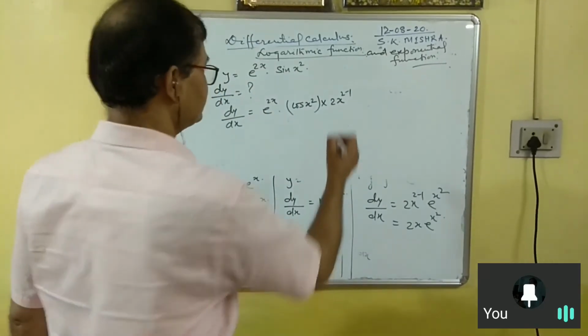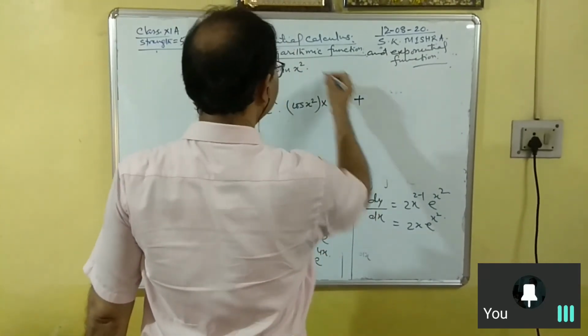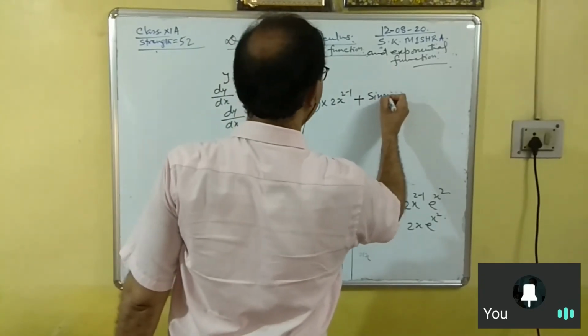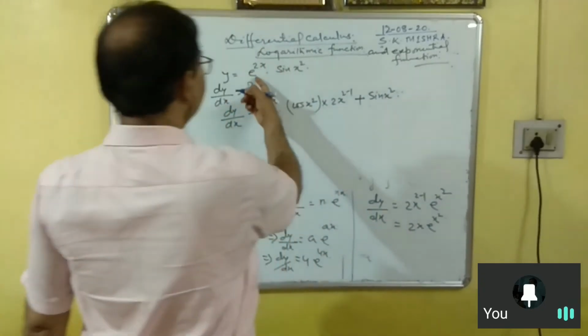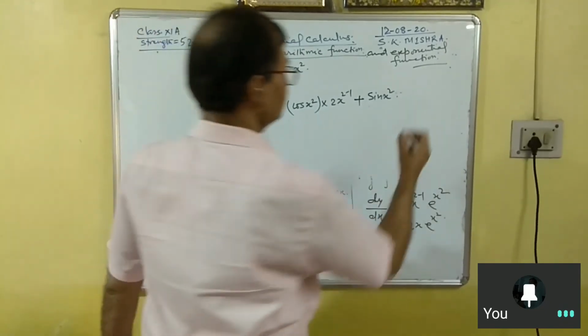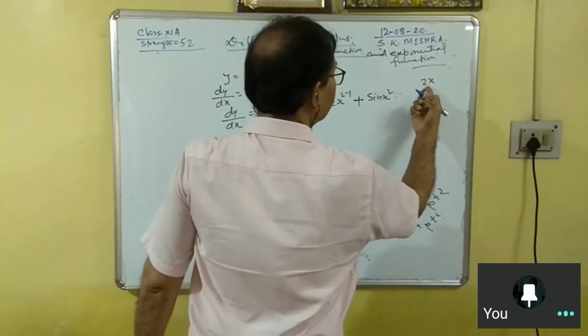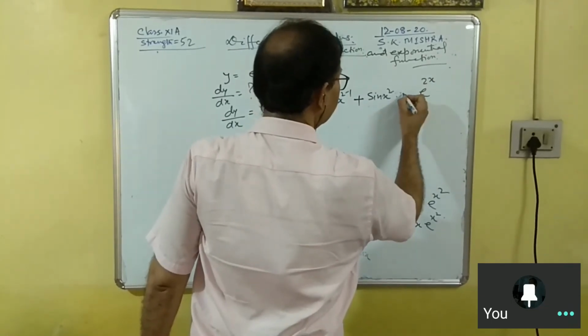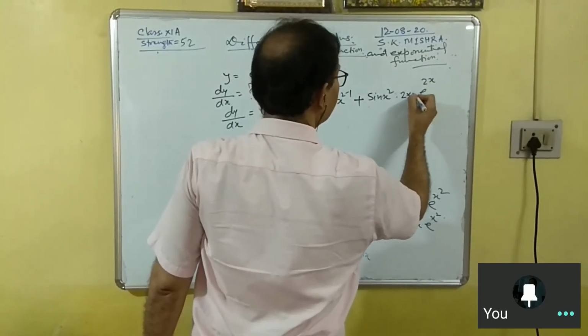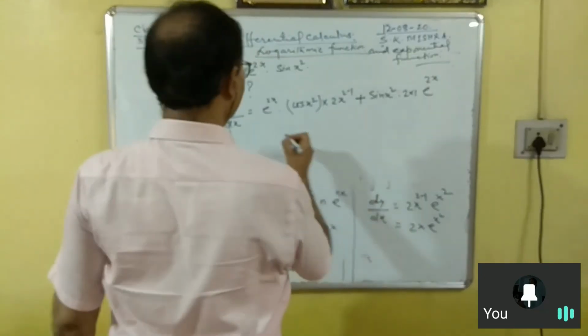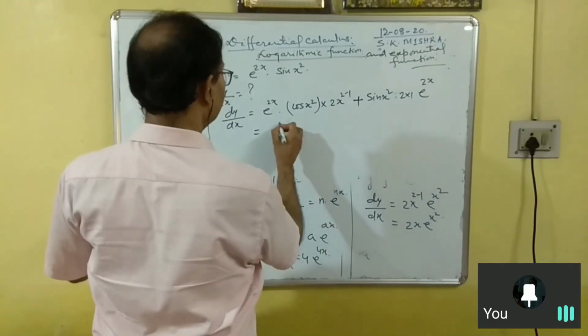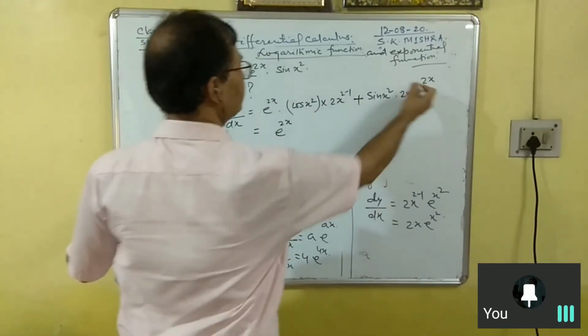Then plus second function, write sin(x²) as usual, and then differentiate e^(2x). Differentiation of e^(2x) is e^(2x) only, and then differentiation of 2x is 2×1. So finally you are getting e^(2x). You may take e^(2x) common.